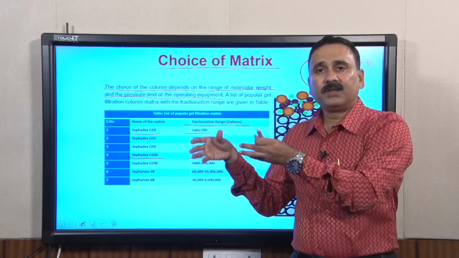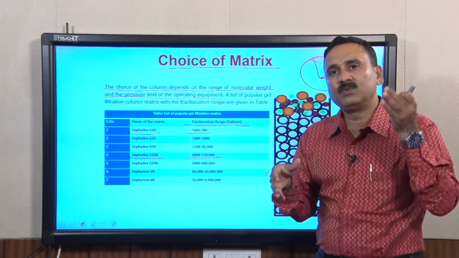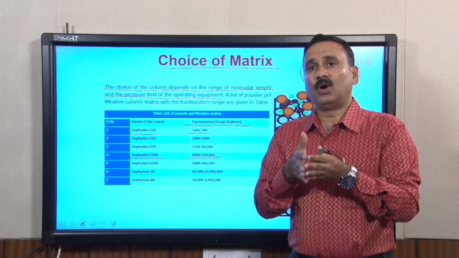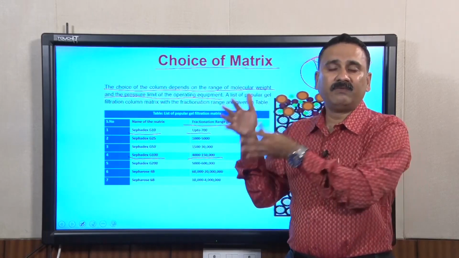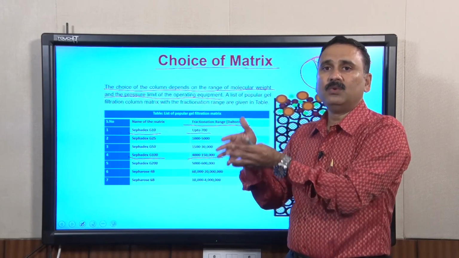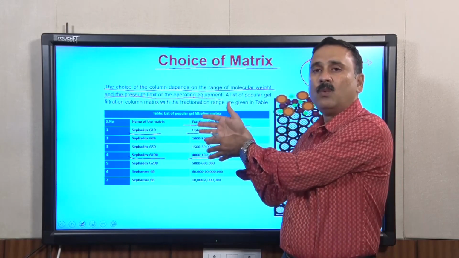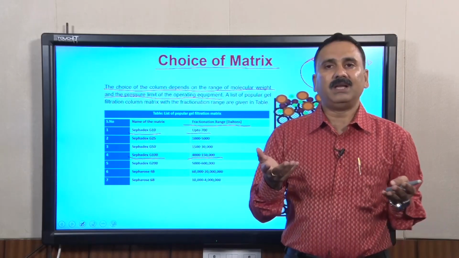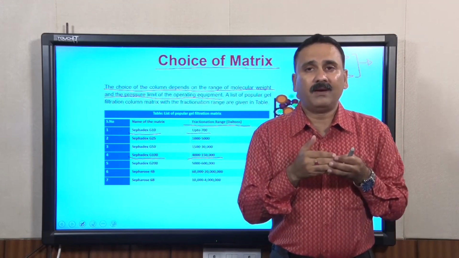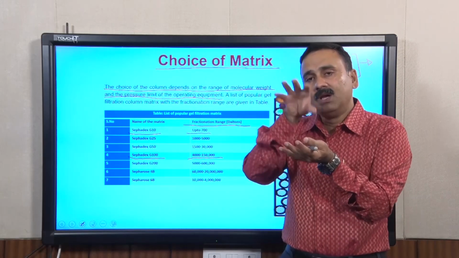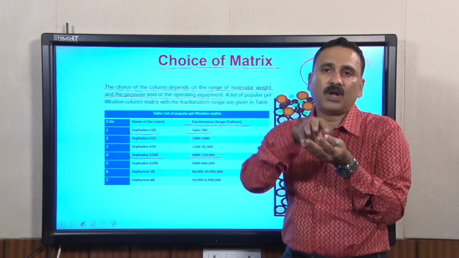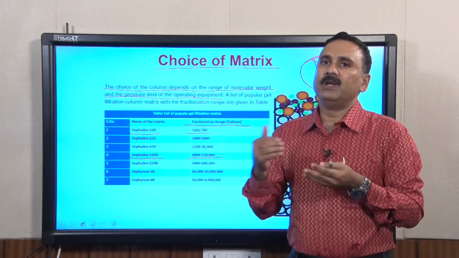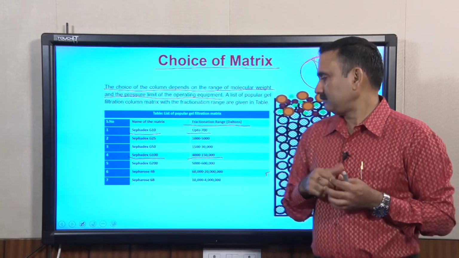But because the column has a fractionation range from 4 kDa to 150 kDa, it will resolve 120 kDa from 150 kDa better than 150 kDa from 180 kDa, because the pore size will not allow the 180 kDa to be resolved from the 150 kDa. So both molecules will sit on top of each other, and when you elute, they are both going to come together.